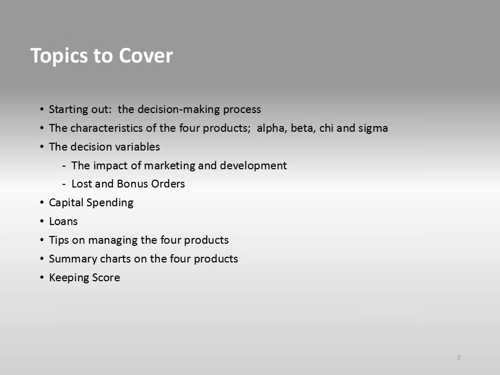Capital spending and loans, of course, are typical in any business decision, so we'll include that. And then we'll give you tips on managing the 4 products. There are no right answers in this simulation. It's totally interactive, and the impact of your decisions will of course depend on your competitors as well. And then finally we'll give you a summary chart of the 4 products and some ways to keep score.